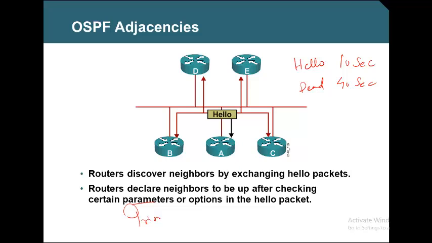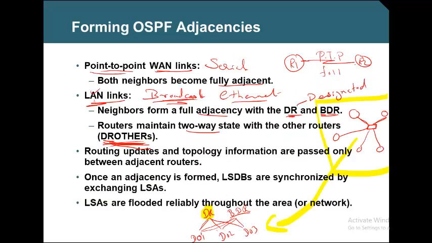Priority is sent. The default priority on all the LAN links, Ethernet links, is 1.